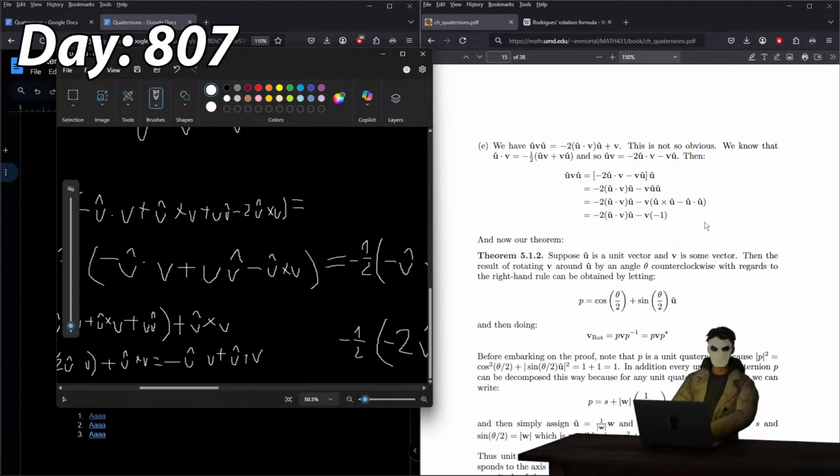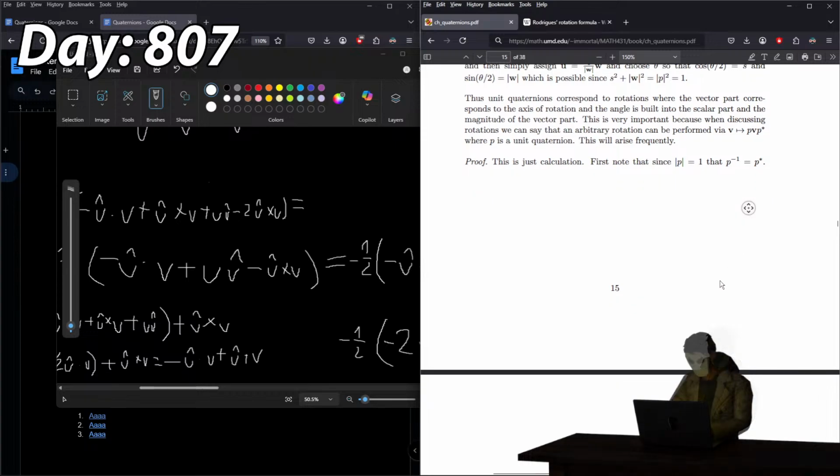Okay, I'm with you so far. Does this make sense? What is this for? It's for a video. It's for a video with quaternions.